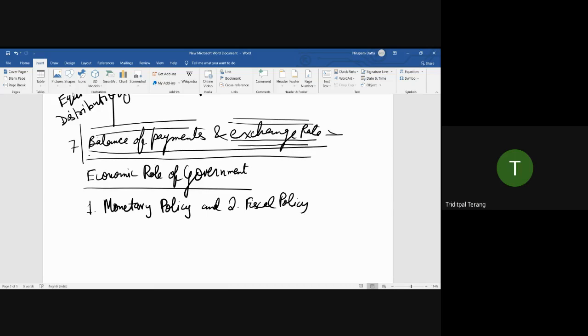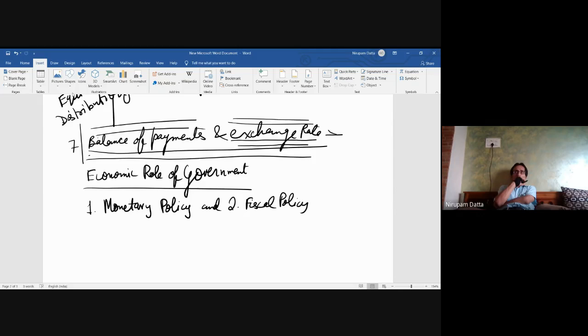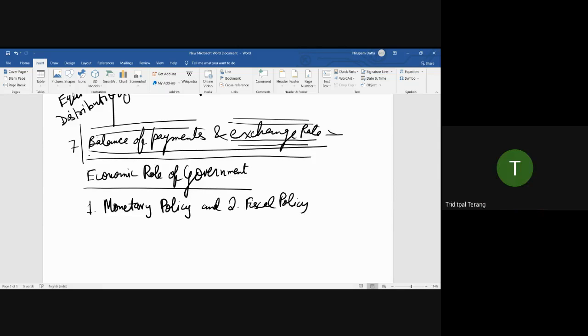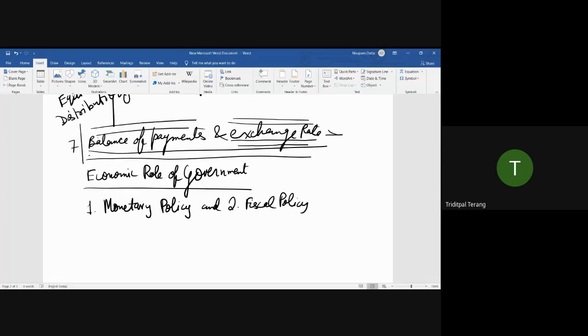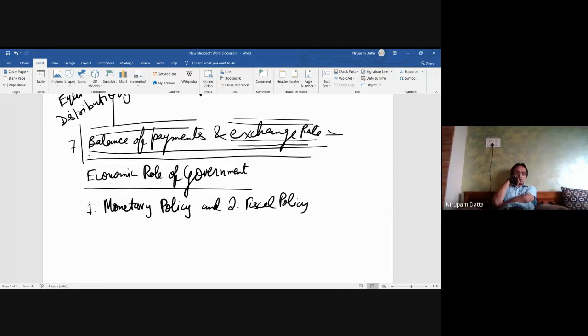Okay, what about selling government bonds to the public or buying government bonds from the public? When you sell new, freshly issued government bonds to the public, what happens to the money supply? It reduces. Very good. So when you increase the bank rate, what happens?